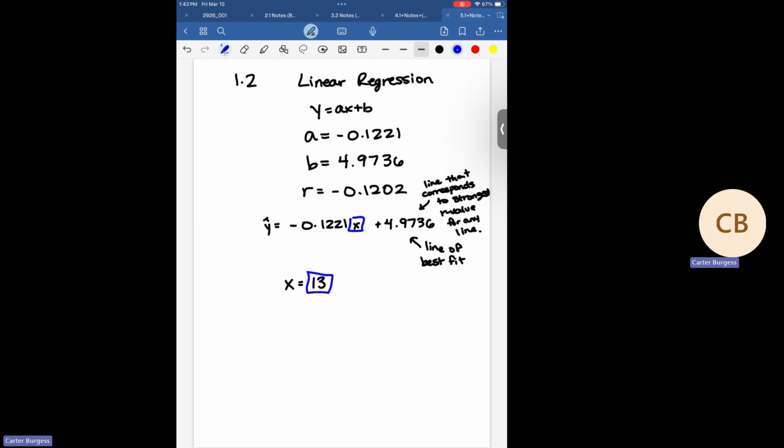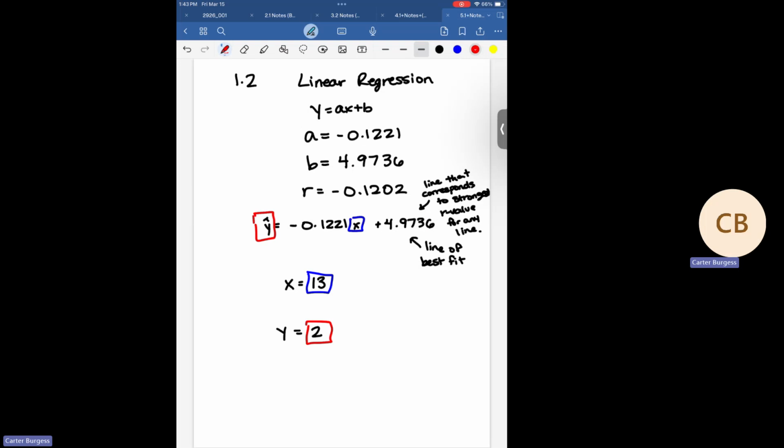That wouldn't be too bad. What if I told you that I wanted to know what's going on when y is equal to 2? Yeah, we just need to take this 2 and sub it into y, and it requires a little bit more work, right? We'd actually have to solve for x.